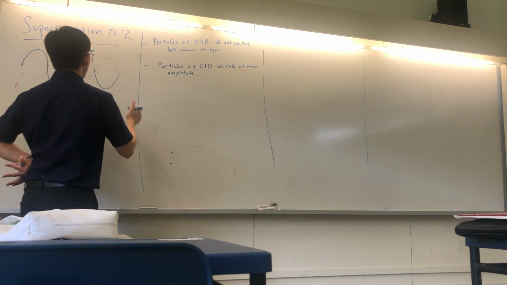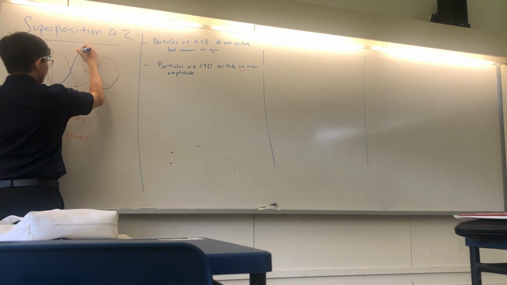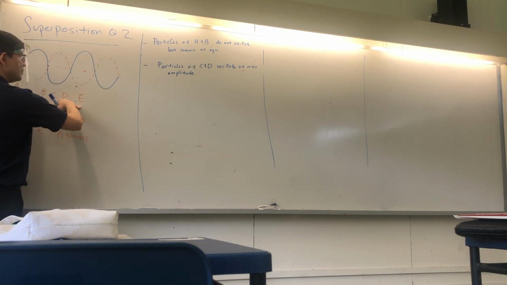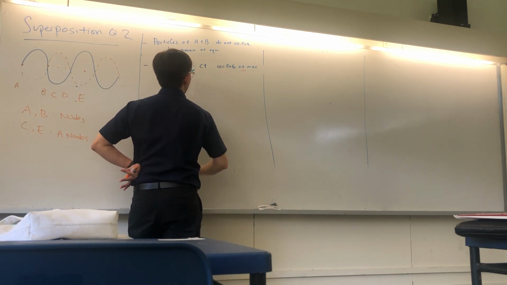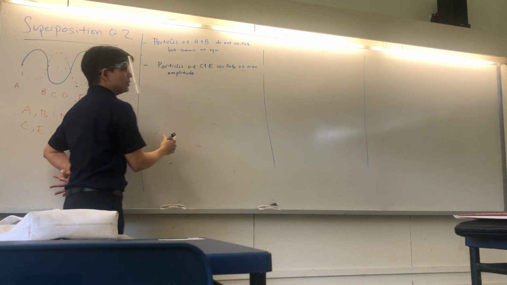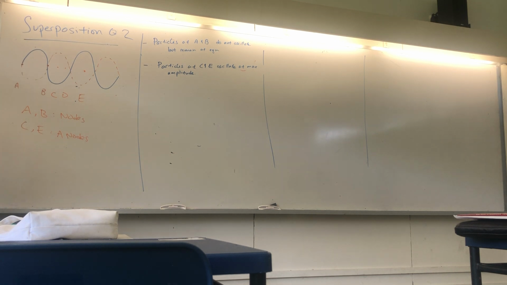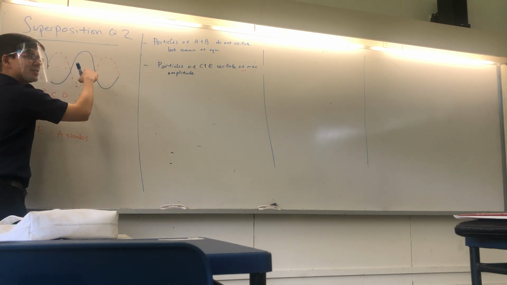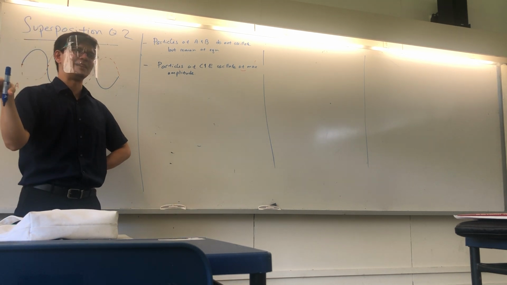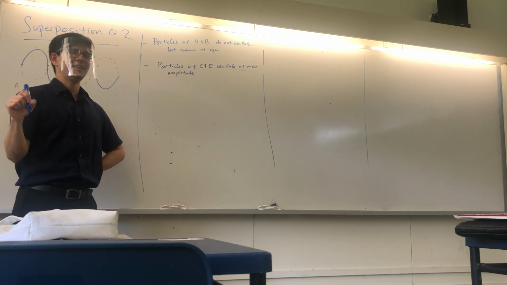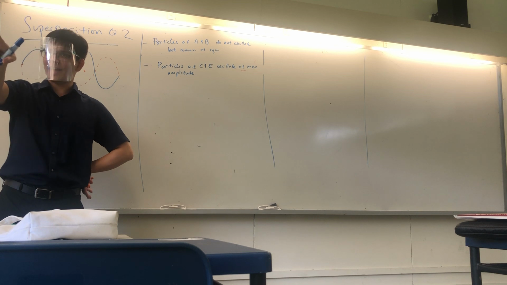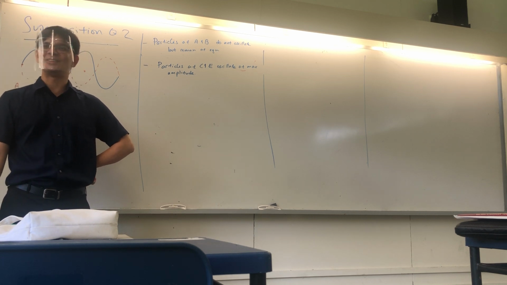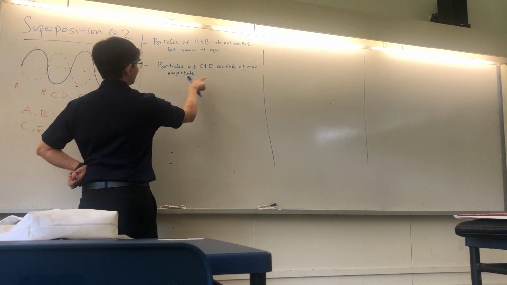At C and E, because they are at antinodes, they oscillate with the maximum possible amplitude. So you cannot just say maximum displacement, you must say maximum amplitude. You must know how to define amplitude: it's maximum displacement.